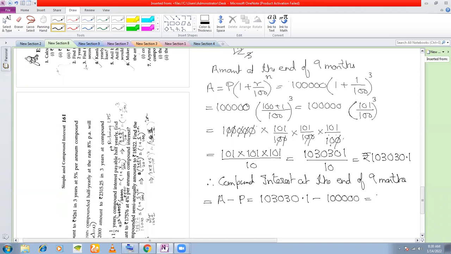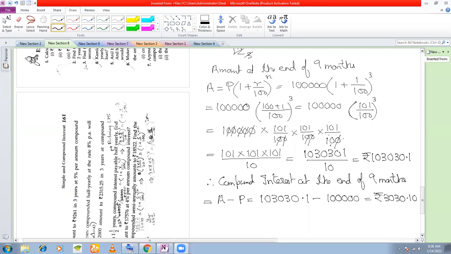So the compound interest that you are getting here is 3,030 rupees and 10 paise.